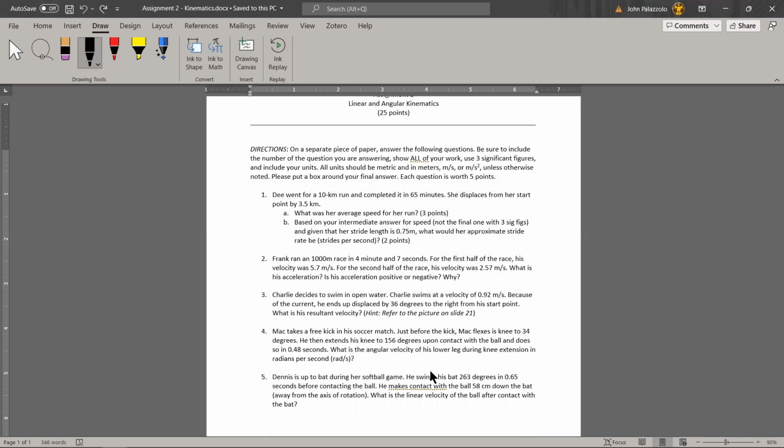So let's go through this assignment. First question says D went for a 10-kilometer run and completed it in 65 minutes. She displaces from her start point by 30.5 kilometers. So this is your first real introduction to the difference between speed and velocity, or distance and displacement.